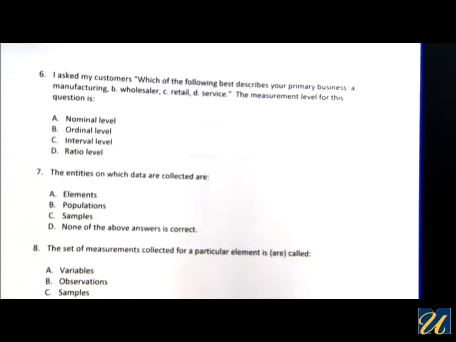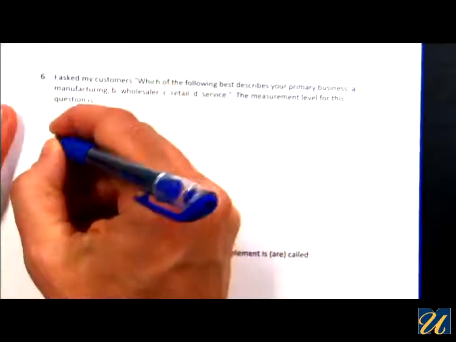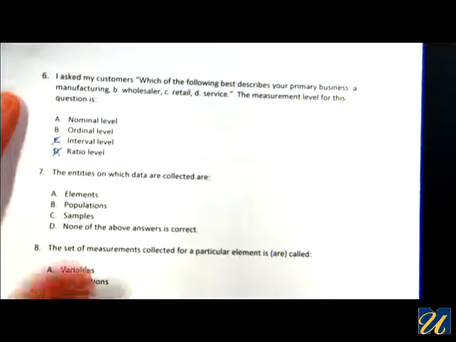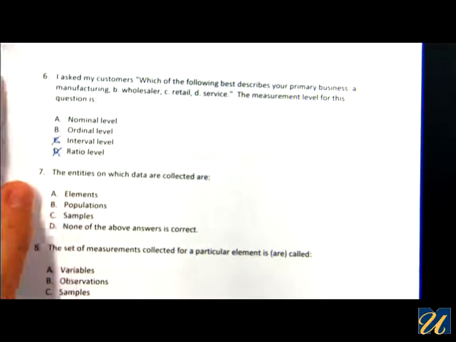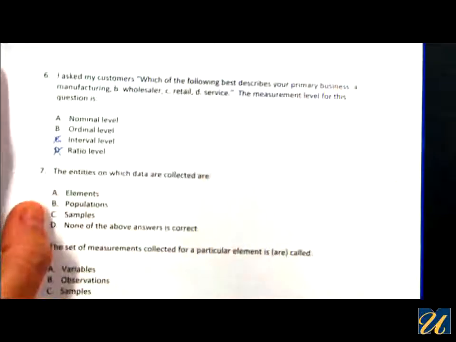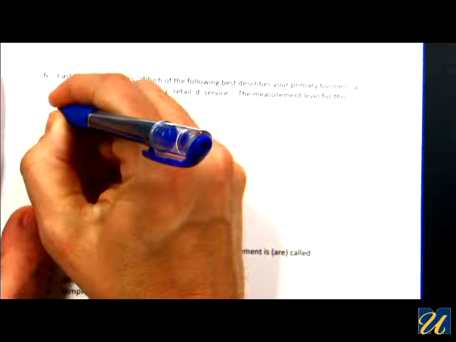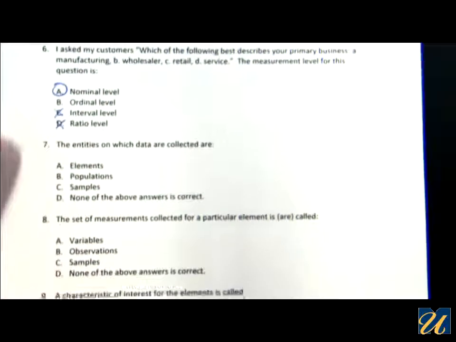The measurement level for this question is, first of all, you want to determine if the information given to you is qualitative or quantitative. We're stating the different type of business, therefore it is qualitative. We simply state the different businesses. There's no specific order or meaning behind the classification, so therefore the correct answer will be A, nominal.